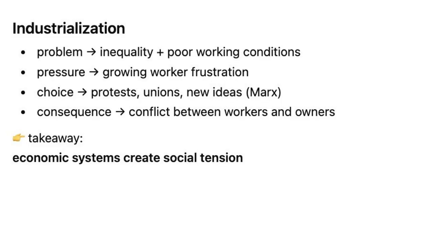Now, the consequence of this is it led to increased conflict between workers and the owners of the industrial factories, as we saw, right? And the Bayview Massacre was a great example of this. The takeaway here is that economic systems put into place to decide how resources are distributed in society can lead to social tension when those resources are divided up in a way that the people see as unfair.